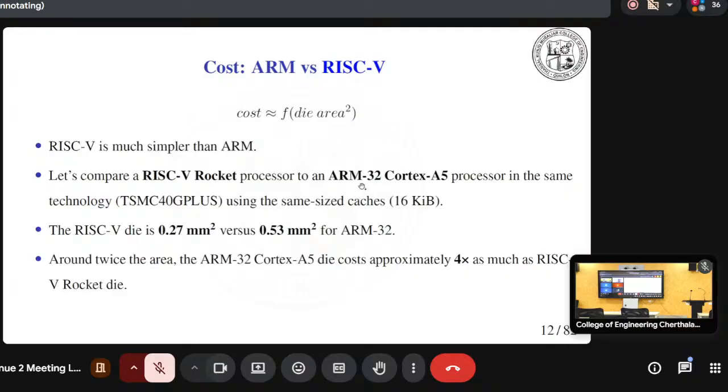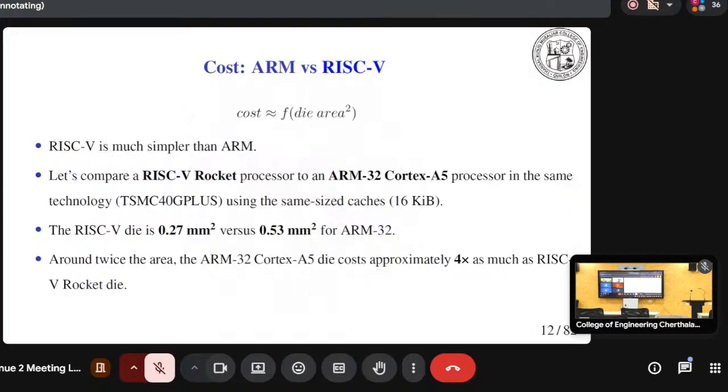So if we compare the two processors, the RISC-V Rocket processor and the ARM32 Cortex-A5, in TSMC 40G plus, with the same criteria, the ARM32 will come to 0.53 millimeters.